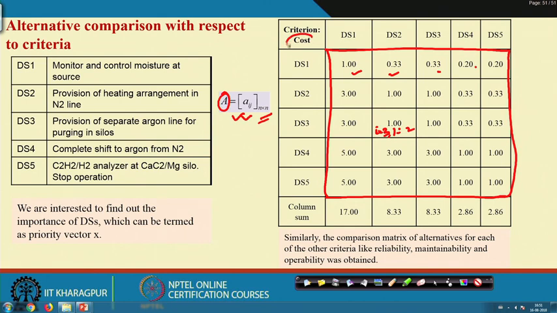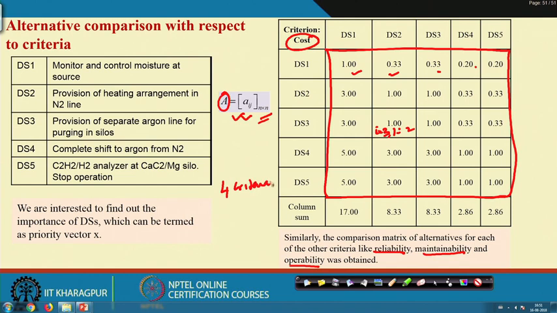As you get the comparison matrix A for cost, similarly you can get comparison matrices for reliability, for maintainability and for operability. How many criteria have you chosen? You have chosen 4 criteria.